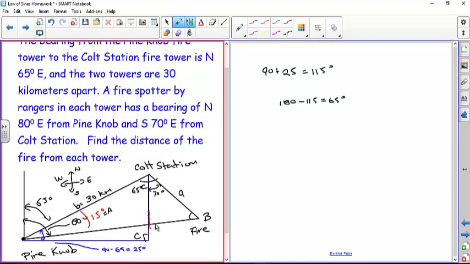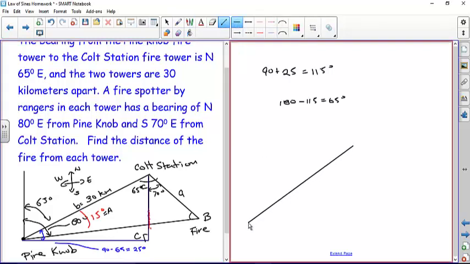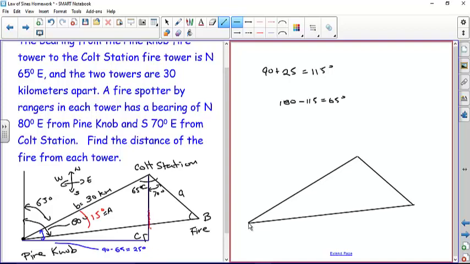Okay, so now let me just redraw the triangle that I'm going to analyze for this next part. I'm going to have this triangle. This length is 30. This angle is 15 degrees.